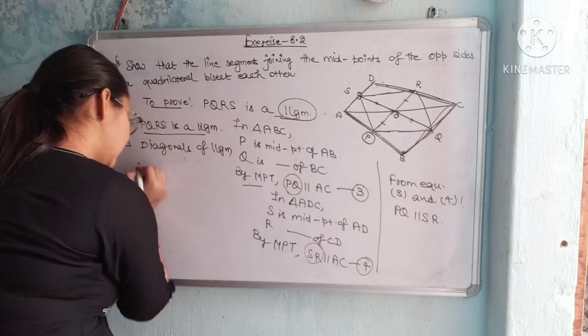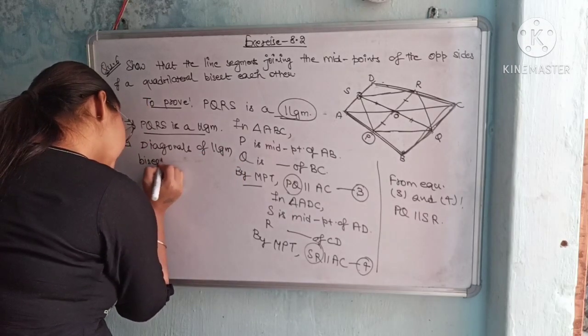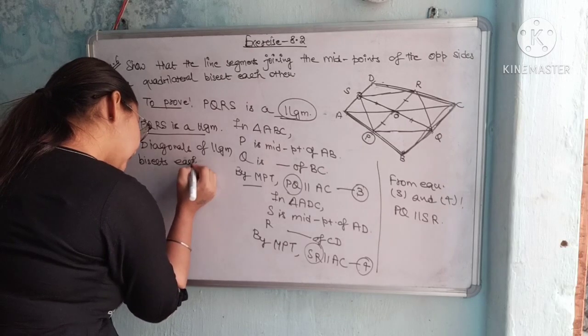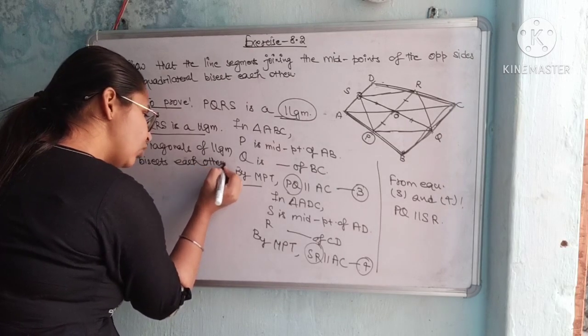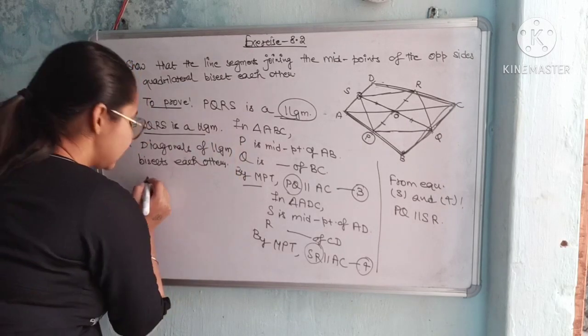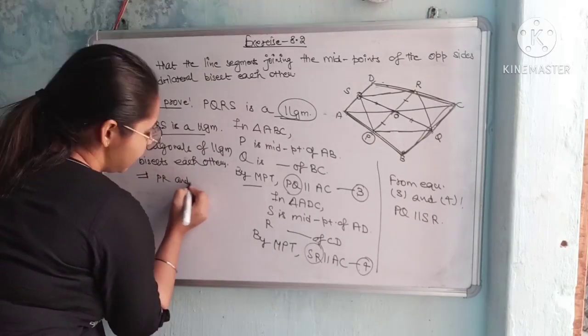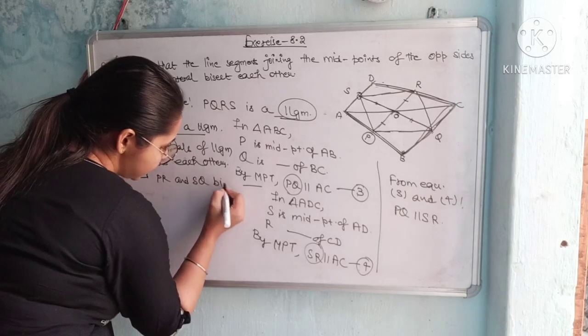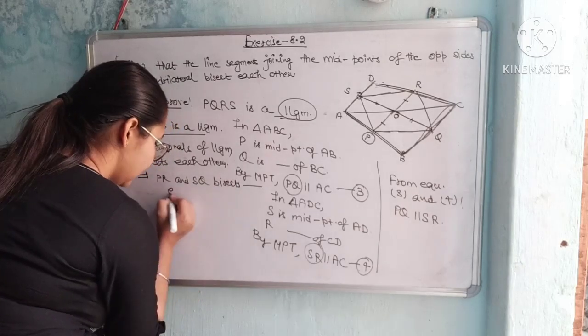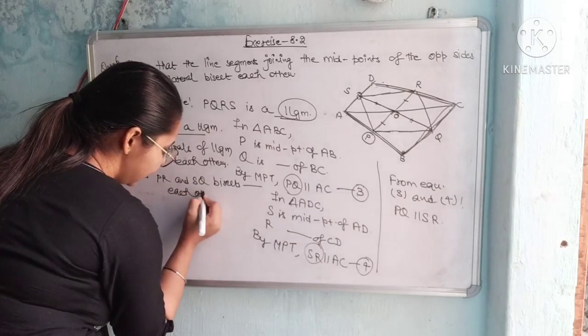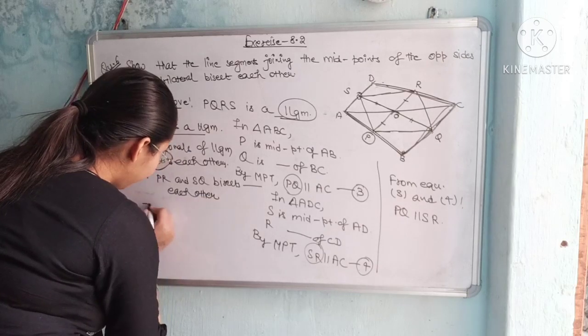And when there is a parallelogram given, then it implies the diagonals of the parallelogram bisect each other. And what are the diagonals of the parallelogram? It implies PR and SQ bisect each other. And if they are bisecting each other, what do you mean by this statement?